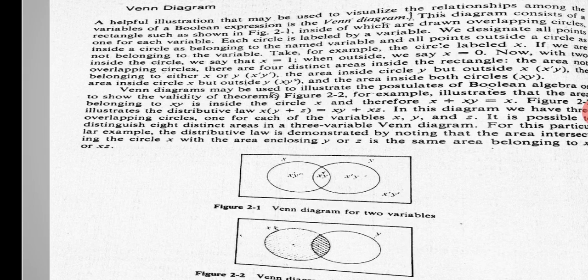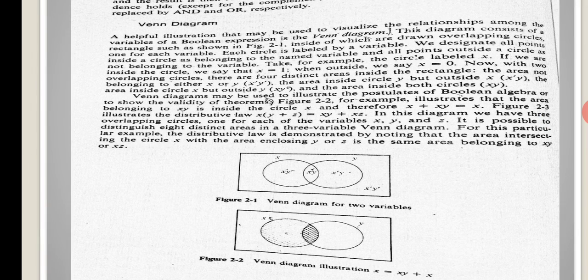The theoretical concept is that a helpful illustration that may be used to visualize the relationship among the variables of a Boolean expression is a Venn diagram. That is the standard sentence they have given. They have given one example here. You can directly see figure 2.1, where you have two circles: the first group is of x, the second group is of y.